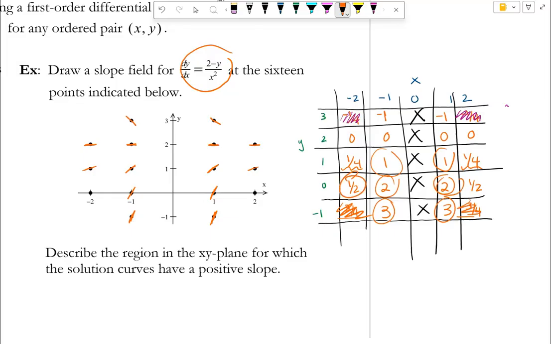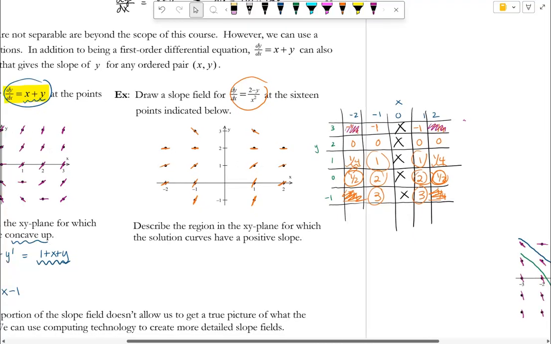My slopes of 1/2 when y equals 0, those just have to be roughly a half. It doesn't have to be perfect. It's like maybe here and here. Okay. All right, so this is our slope field, again, for dy dx equals 2 minus y over x squared.